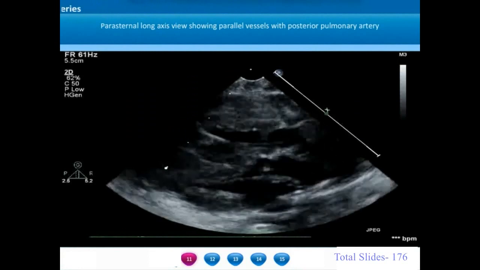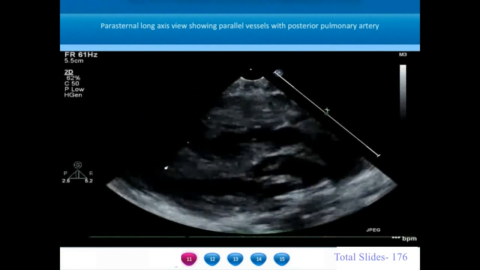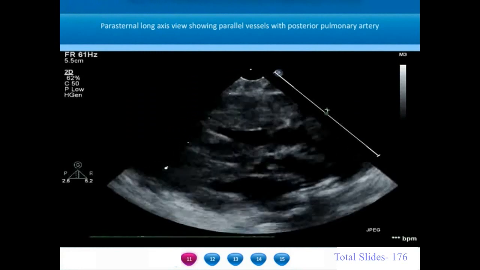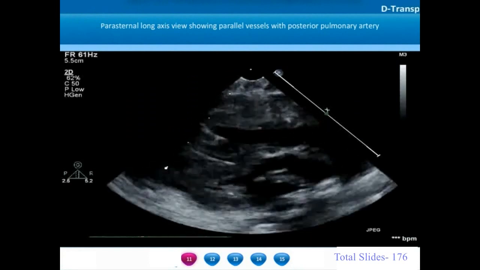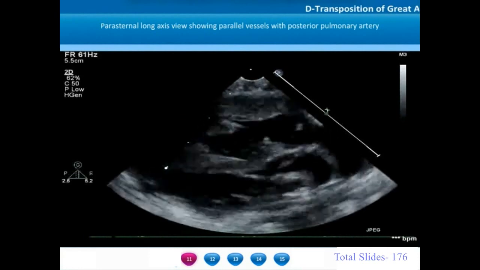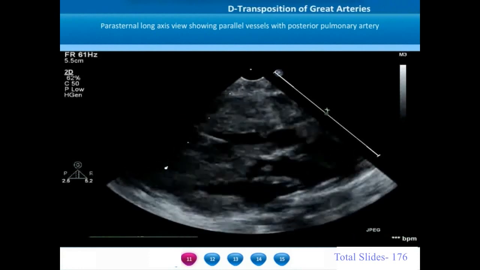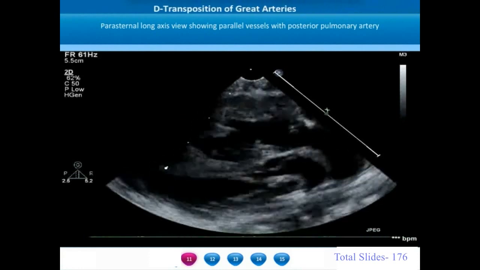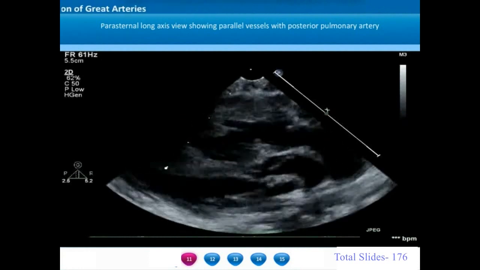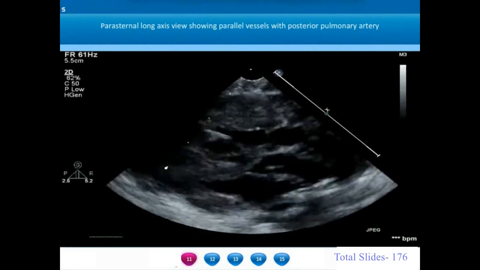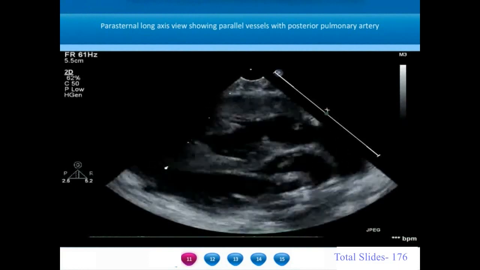On a parasternal long axis view, once again these parallel outflow tracts are clearly visualized. The anterior right ventricle gives off the ascending aorta. The posterior left ventricle gives off the pulmonary artery. We can notice that the anterior mitral leaflet and the pulmonary annulus are in contact with each other.